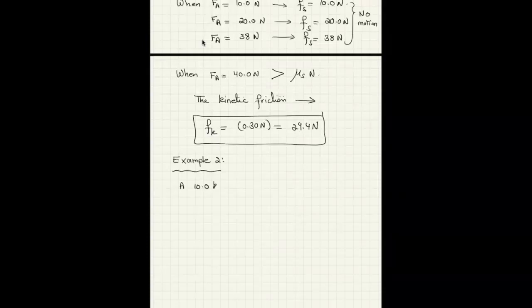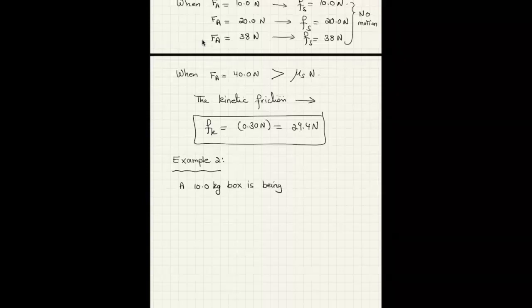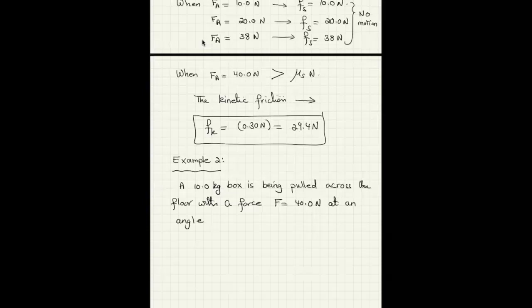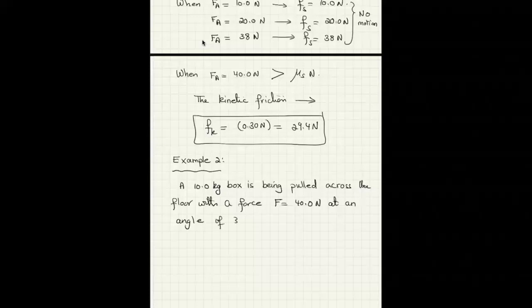A 10 kilogram box is being pulled across the floor with a force that is 40 newtons, but it is at an angle that is 30.